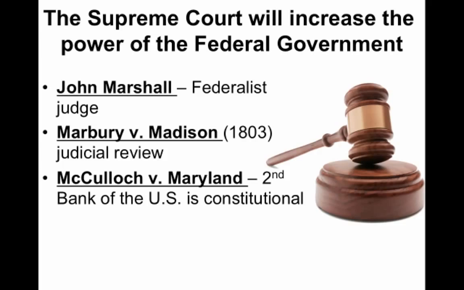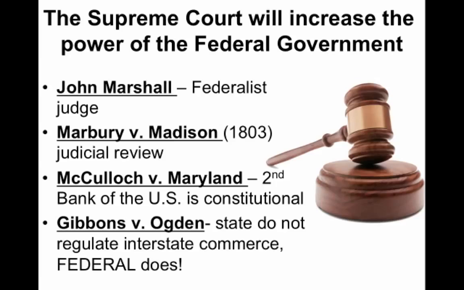McCulloch versus Maryland, the court rules the Second Bank of the U.S. is constitutional, therefore saying the federal government can create the bank. And another case, Gibbons versus Ogden: states do not regulate interstate commerce, trade between states, the federal government does. So all of these different cases during John Marshall's tenure as Chief Justice are going to further the power of the federal government.